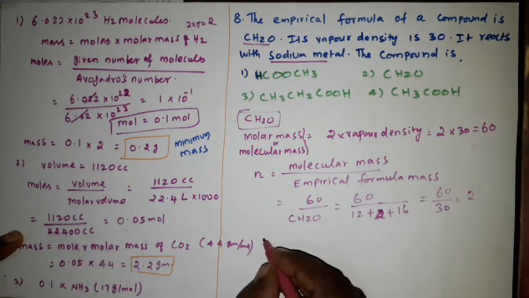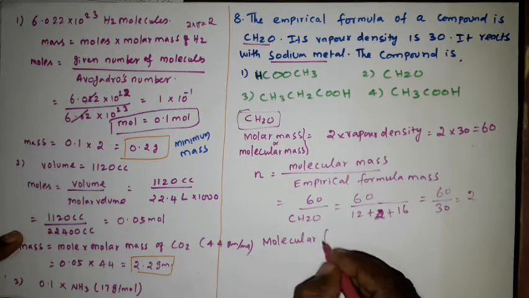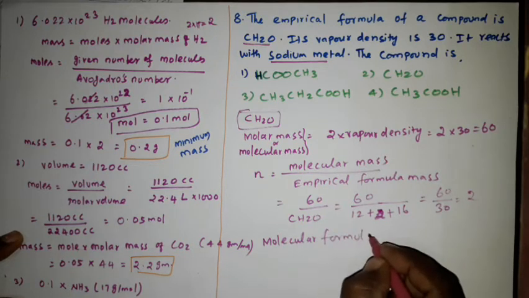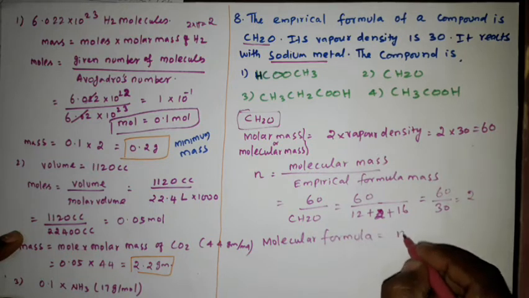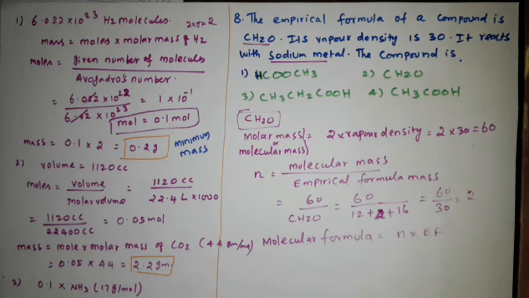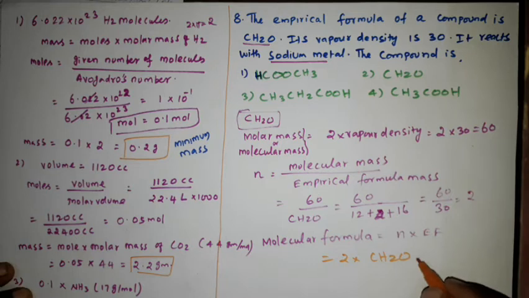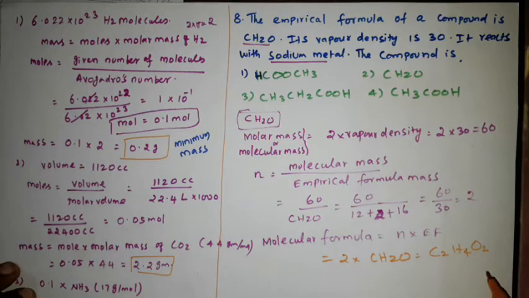So that molecular formula equal n into empirical formula. Here n equal 2 into CH2O. So final formula is C2H4O2. This is the molecular formula.